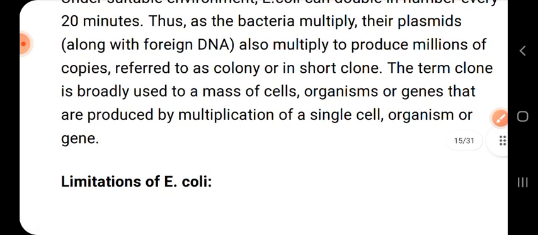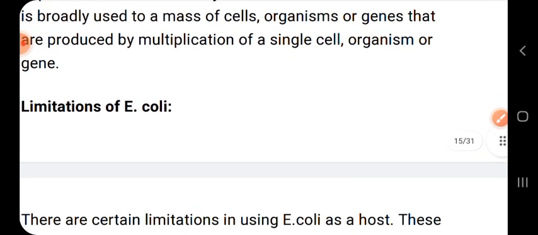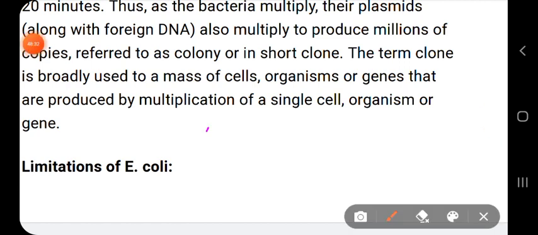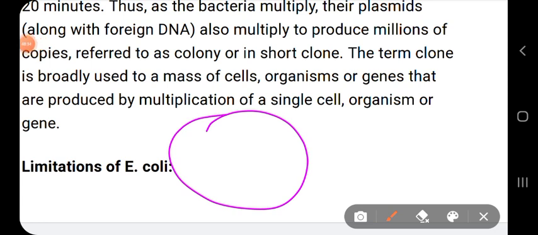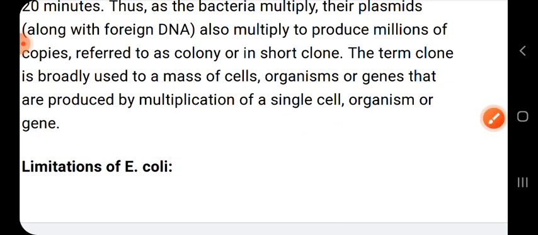This cannot be overcome. Okay, and sometimes when we are trying to express our desirable gene in the prokaryotic cell, the expressed gene's protein forms, but it clumps at a site known as inclusion bodies, and inclusion bodies are very difficult to isolate.